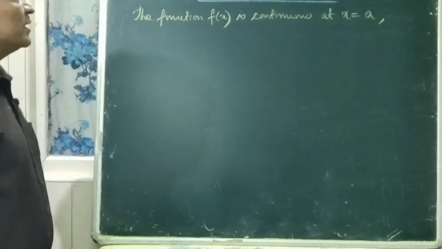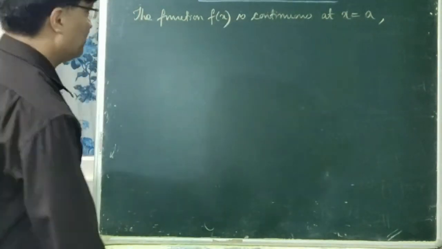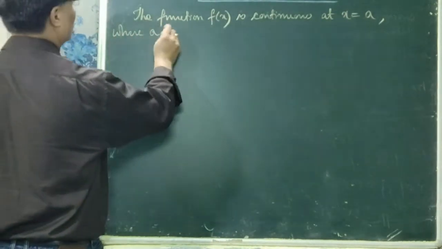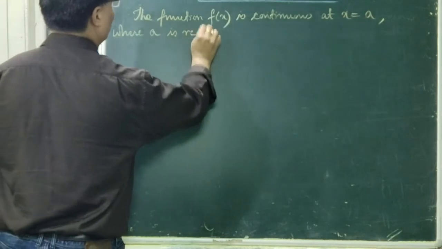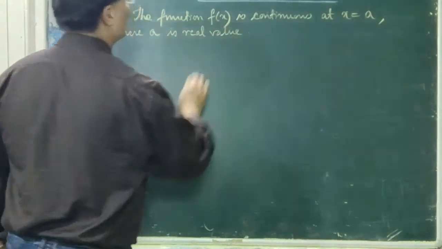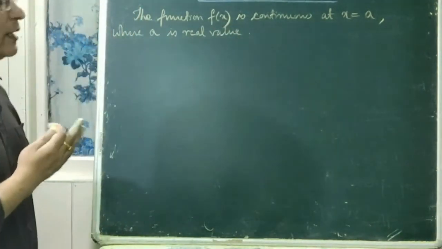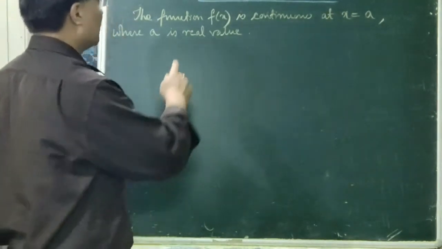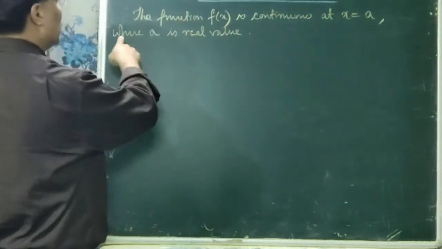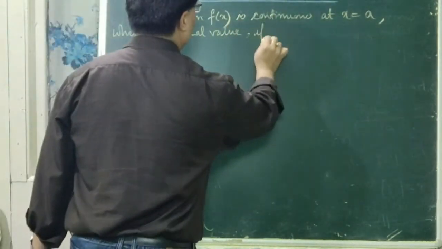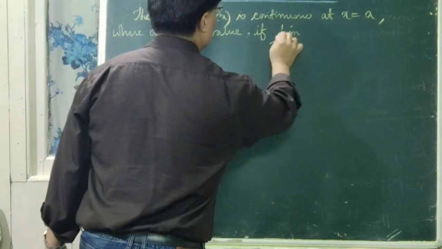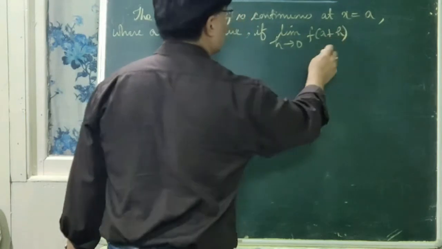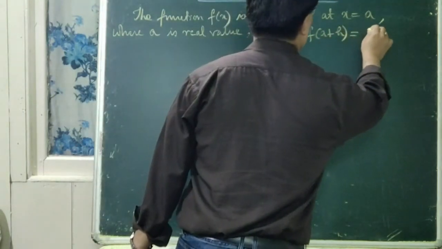where a is a real value. Real value means it is a defined value. It may be 0, it may be positive, it may be negative. The function f of x is continuous at x is equal to a, where a is a real value, if limit h tends to 0, f of a plus h is equal to f of a.